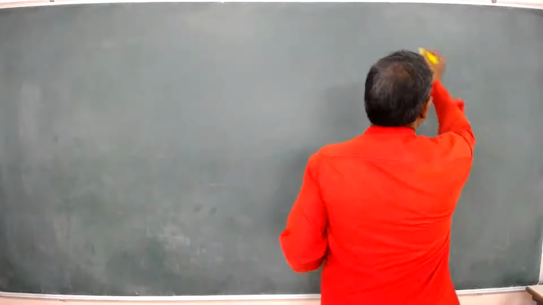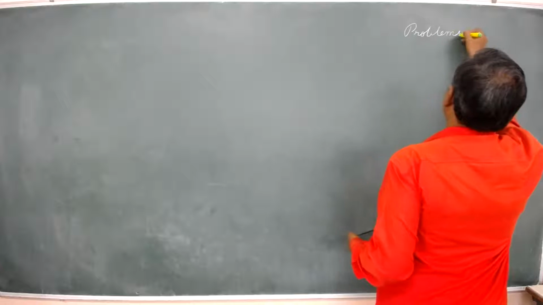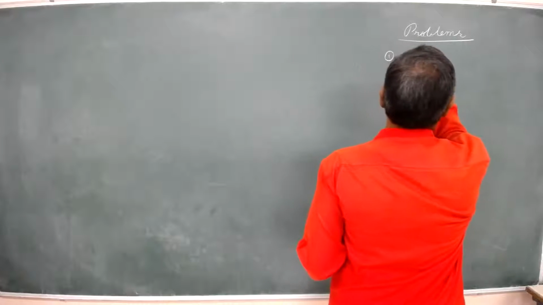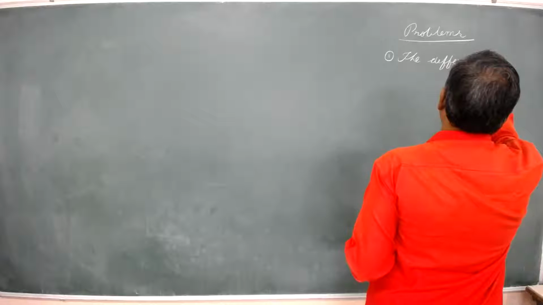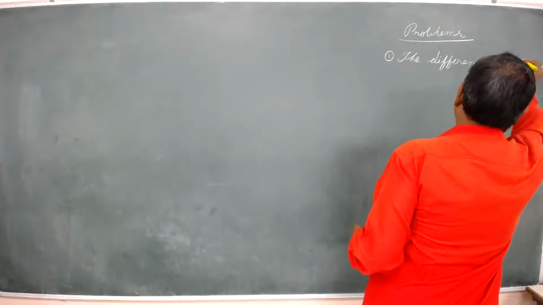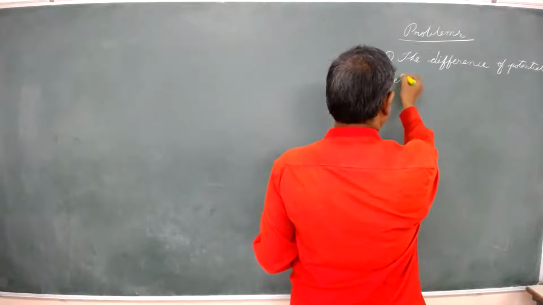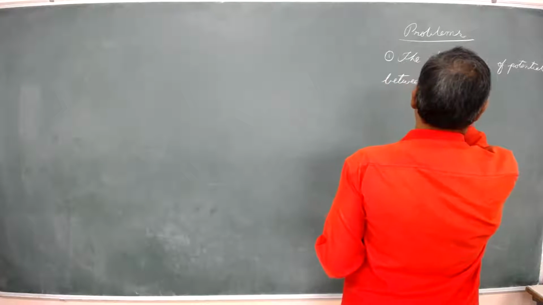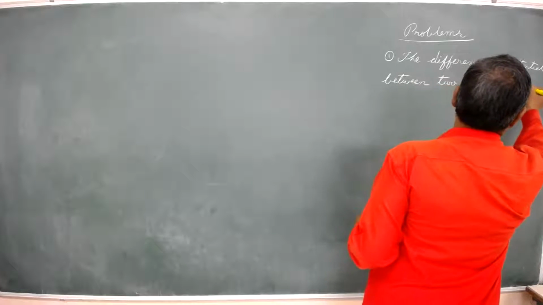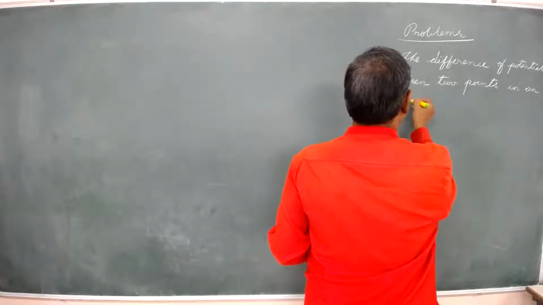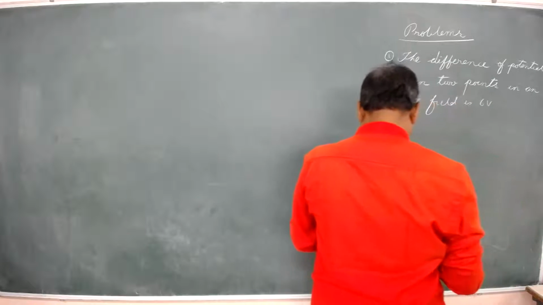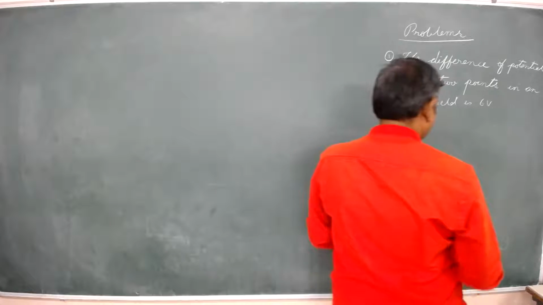Numerical problems on electrostatic potential. The first problem: the difference of potential between 2 points in an electric field is 6 volt.